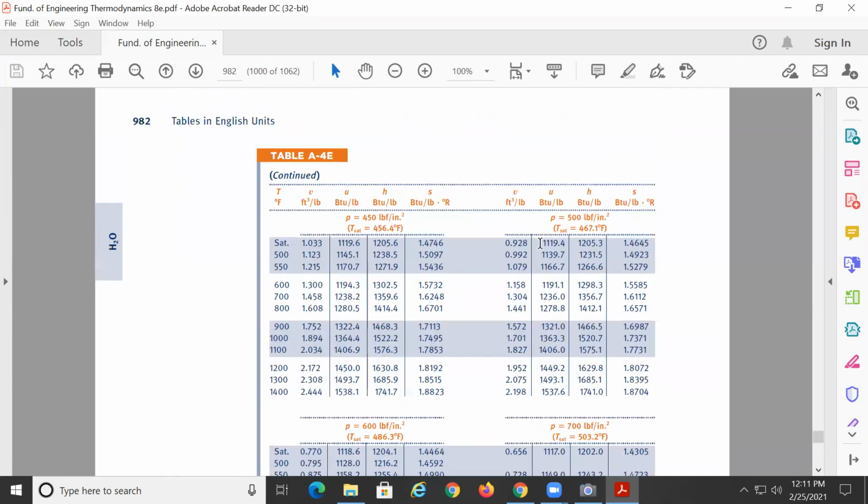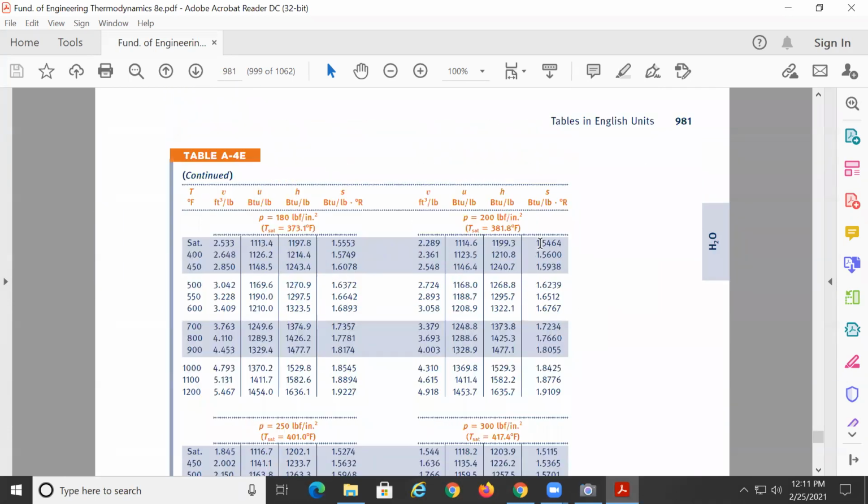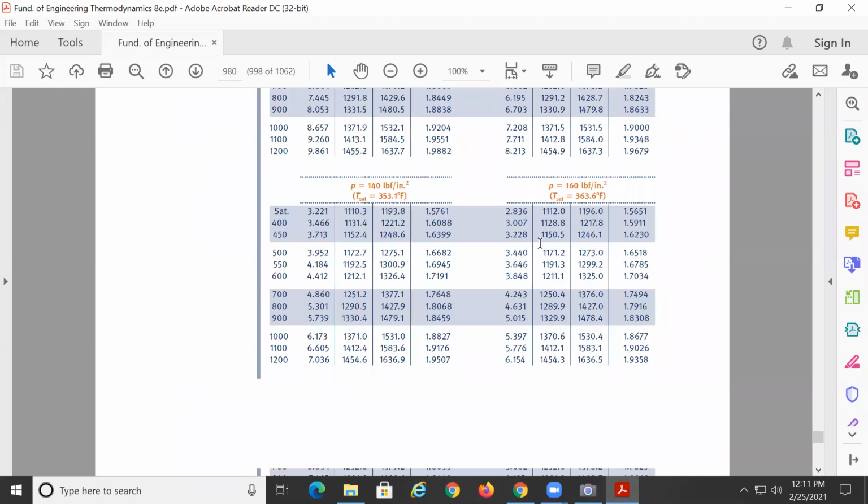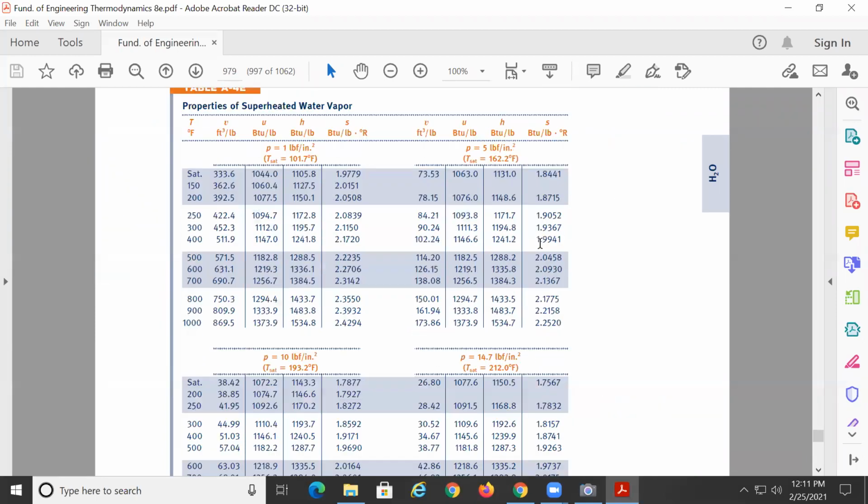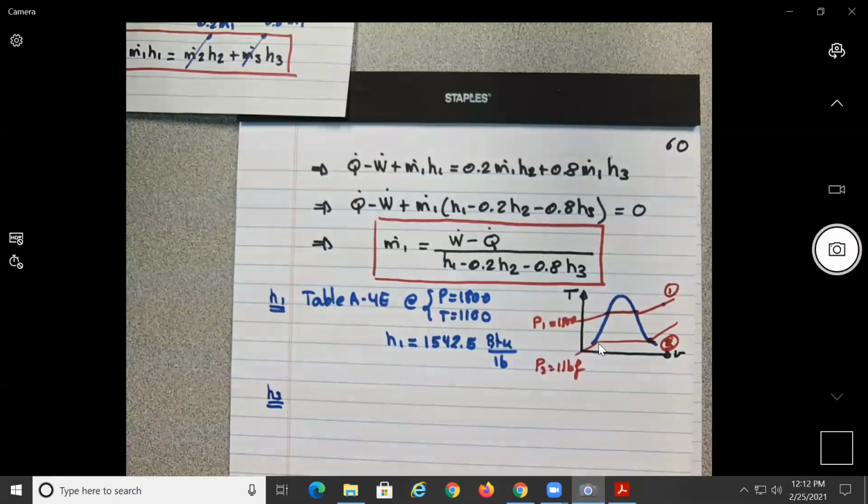I know we have one for 1 LBF. We can get it from this one as well, if we have 1 LBF. So we know we are along this line, which is the saturation temperature. And this is 1 LBF, we are looking here for the value of g, no? This is liquid, this is gas, no?